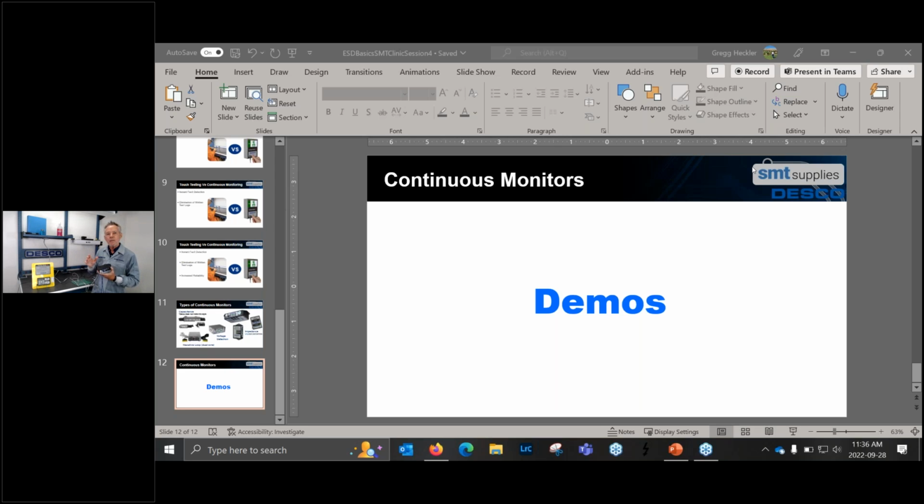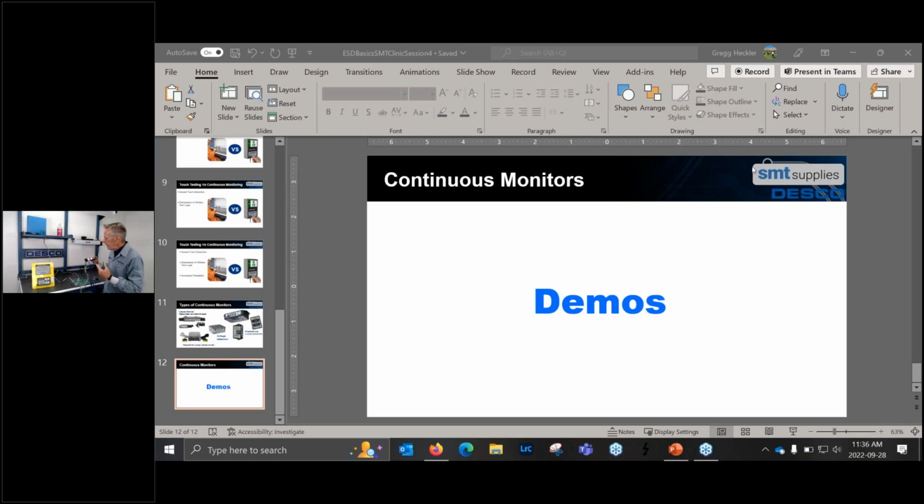Over the years, that's basically a convenience feature, and it's also a nice feature because I know the ground connection is not being monitored anymore. But you still have to test your mats regularly. We talked about that, quarterly or however you choose. You still have to check the RTG of your work surface.